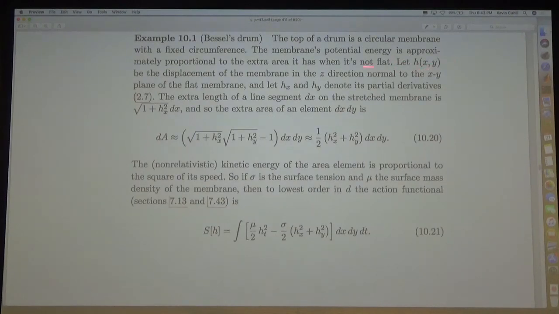If h of x and y is the displacement in the z direction of the point xy on the membrane, and their derivatives are hx and hy, then the extra length of a line segment is square root of 1 plus hx squared dx. So that's basically the square root of dx squared plus dz squared. And then you do the same thing for y, you subtract 1. So this is the extra area.